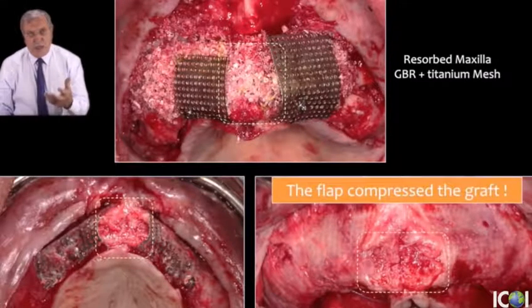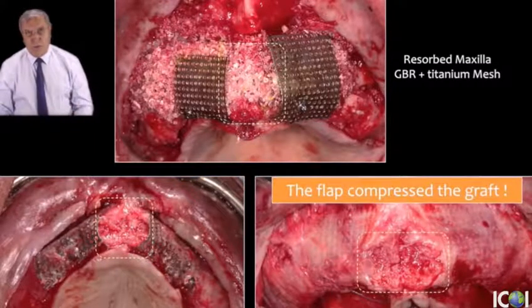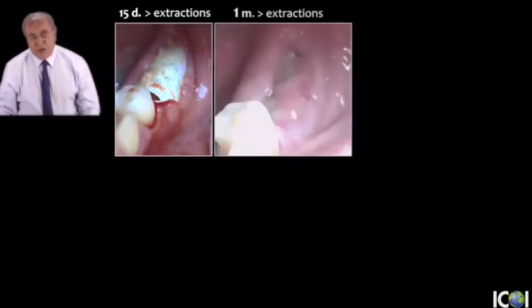In this case, we can see that when we don't protect the bone from the pressure, we lose the bone, and in this case the bone graft. This case was an extraction, and after 2 weeks, the patient developed an infection.